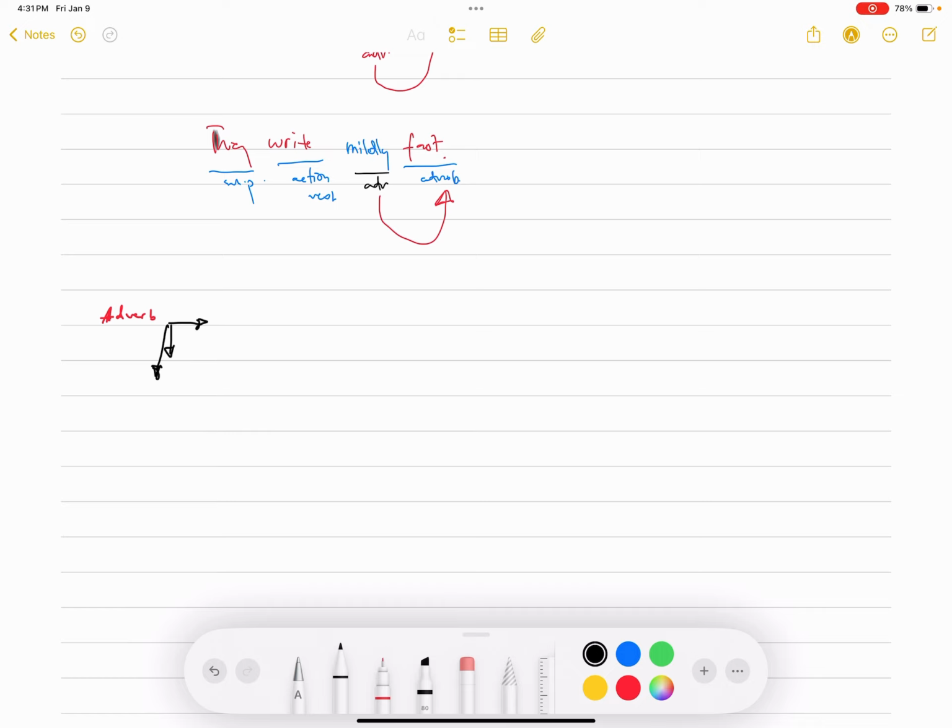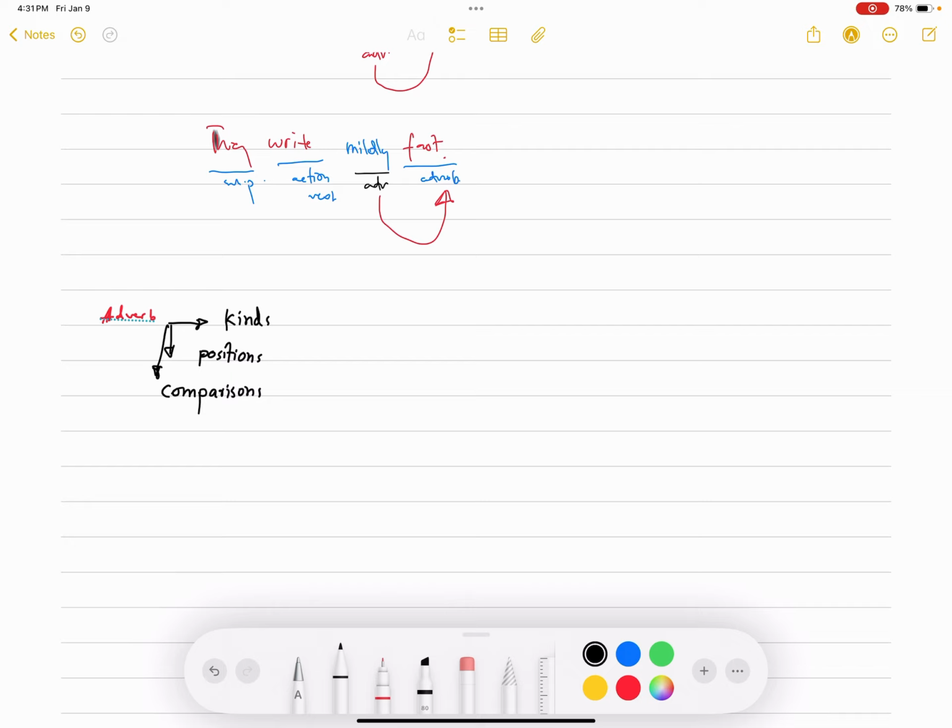Let me write the first one. Positions, the next one, comparisons. Adverb is divided into three parts.